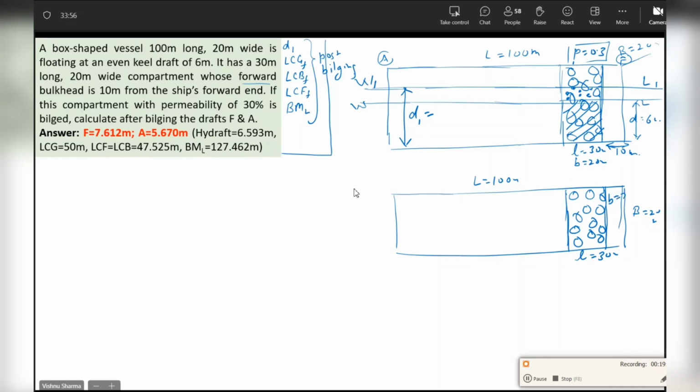Breadth of this is 20 meters. Do you agree with the water plane diagram as well, guys? And some of this water plane will be lost because some pockets of sea water you will see in between the cargoes. Are the two diagrams the same as what you have been making earlier, or is there anything that needs clarification, guys?